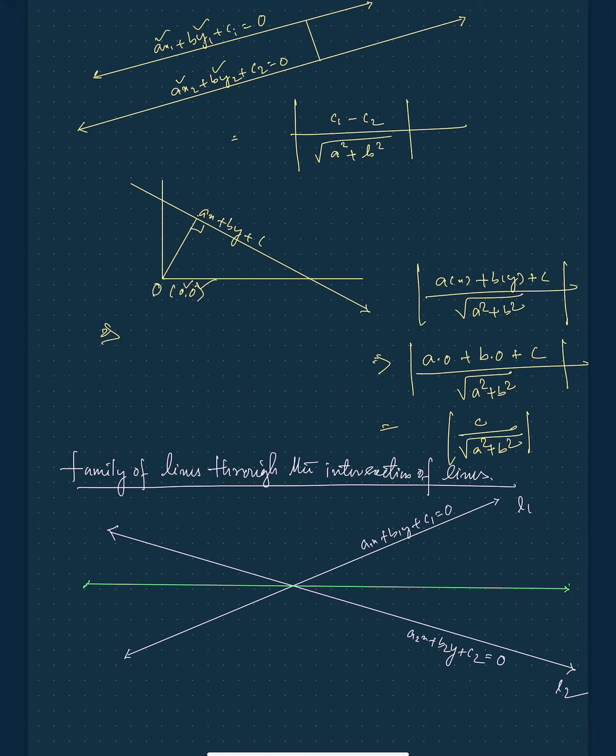So this will be a1x plus b1y plus c1 plus some k into (a2x plus b2y plus c2) equal to 0. And this k is just a parameter, it is any real number. This is the solution. The equation of this line will be this one.